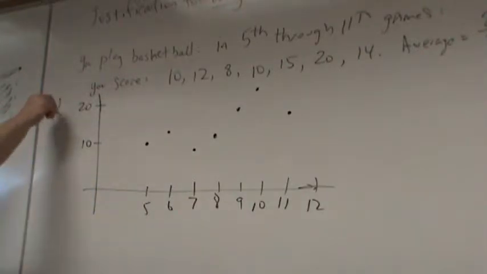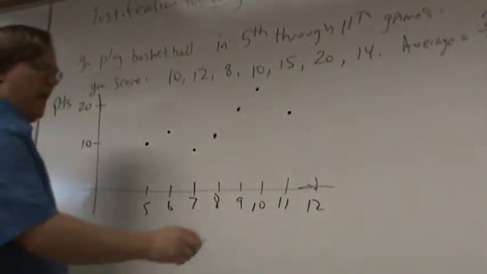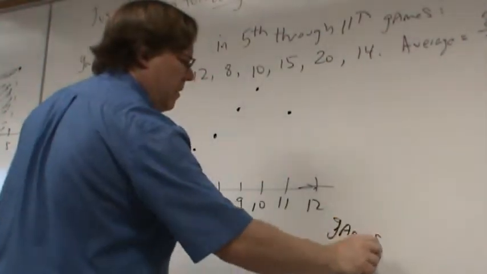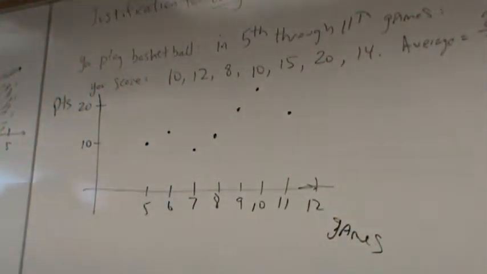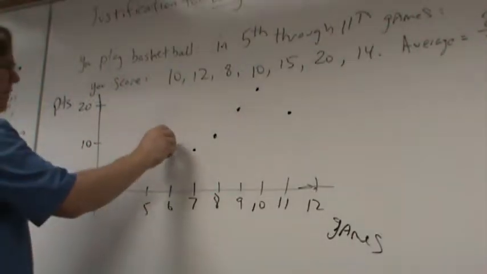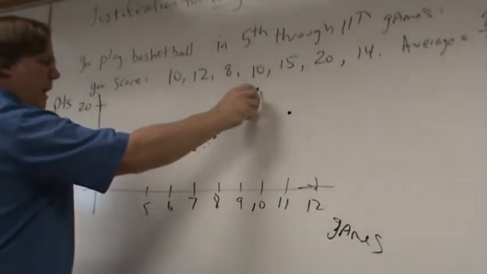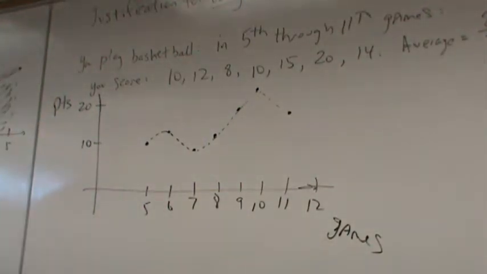This is points, and this is games. All right? And you can think of this as a continuous graph, if you like. But what I ended up doing was adding up rectangles.